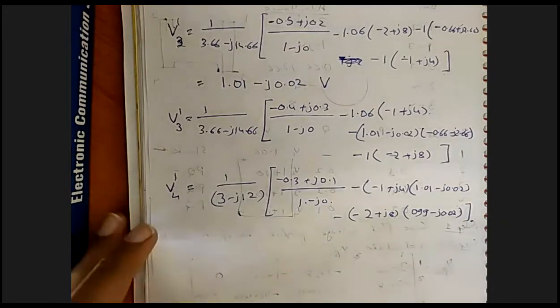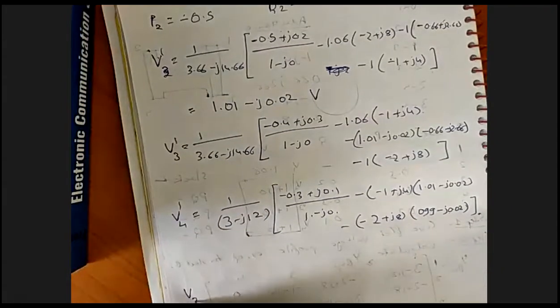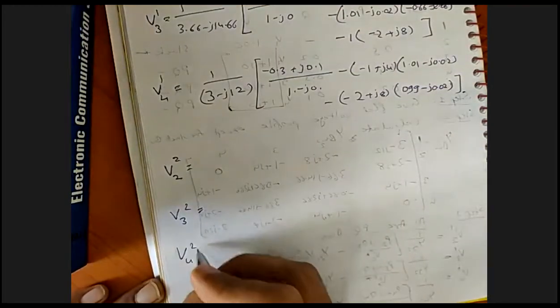So this is your first iteration. Then we have to again go for V22, V32, and V42.